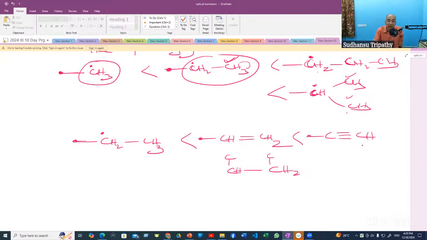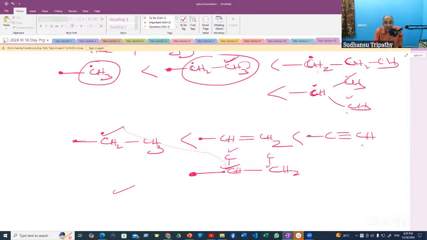Now the first atom bonded to the chiral center is the same. And this carbon is bonded to 1 carbon and 2 hydrogen, but this carbon is bonded to 2 carbon and 1 hydrogen. Therefore, vinyl is senior to ethyl.